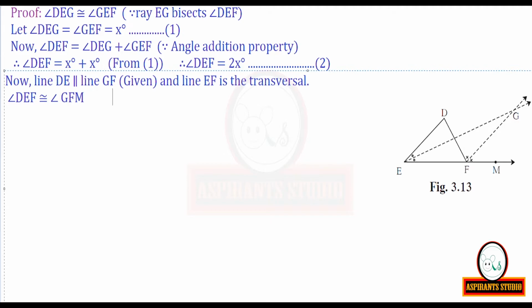You have to write the reason beside it: corresponding angles. When the angles are congruent, their measures are equal. So, measure of angle DEF will be equal to measure of angle GFM. Now, look at equation number 2.